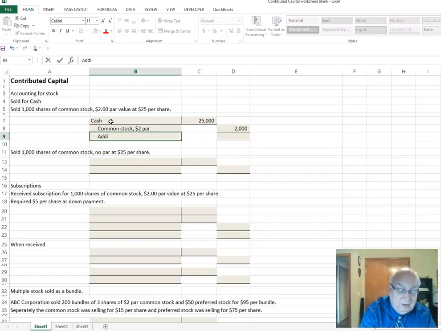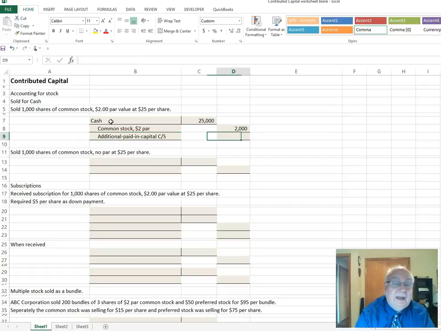Then, like I said, the balance will go into additional paid in capital, and I'm going to put in common stock because we're going to have several different types of additional paid in capital.